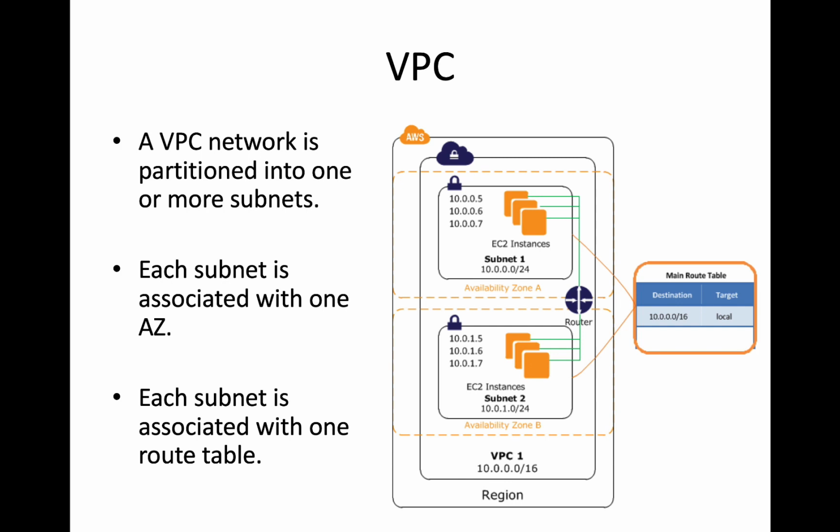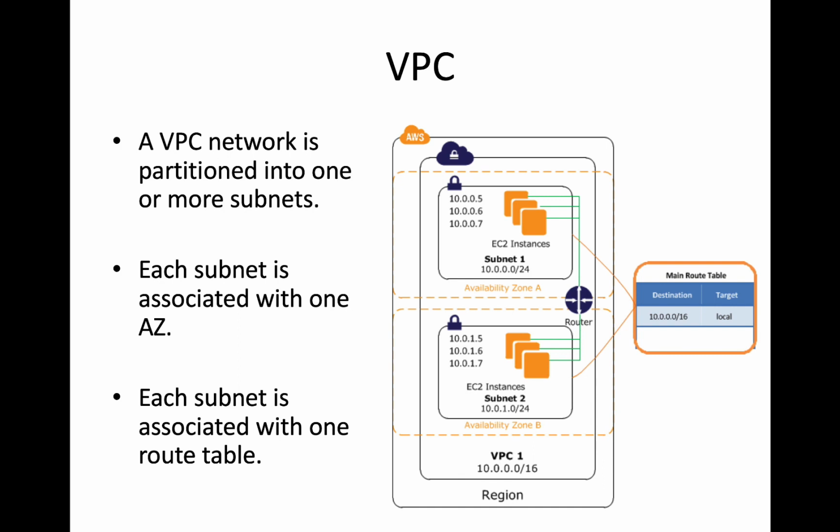Each subnet that you create is also going to be associated with one availability zone. A subnet lives within an availability zone. A subnet cannot span multiple availability zones.